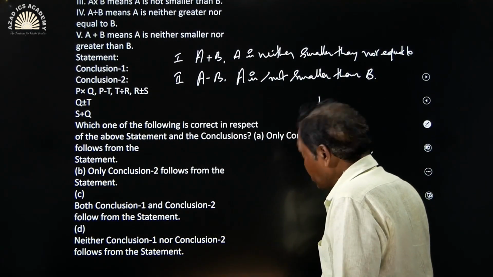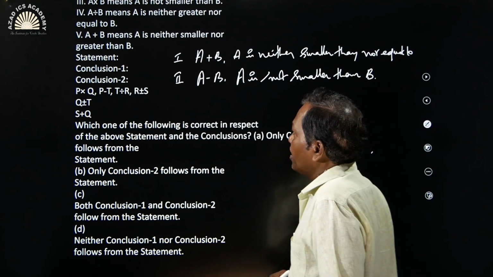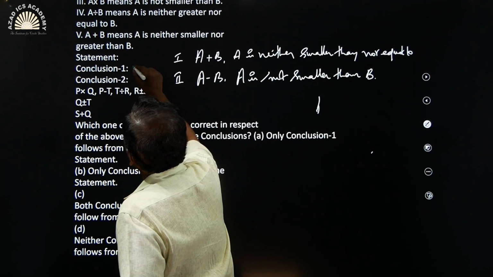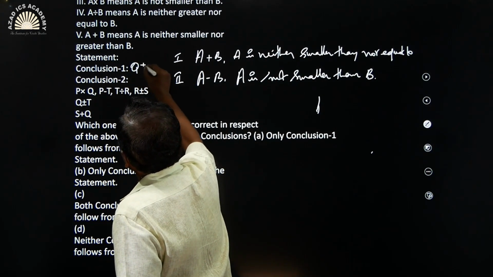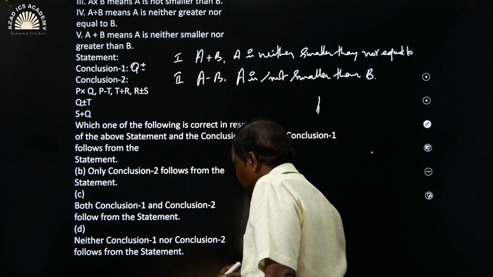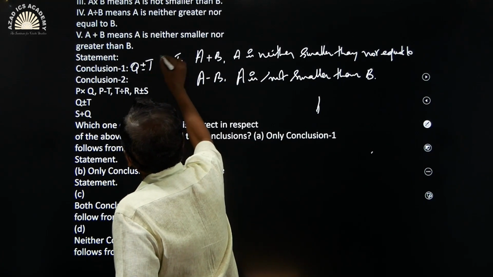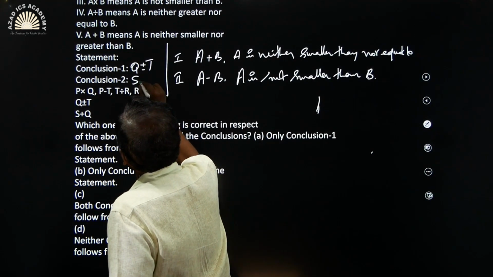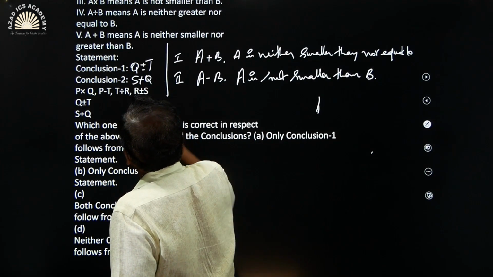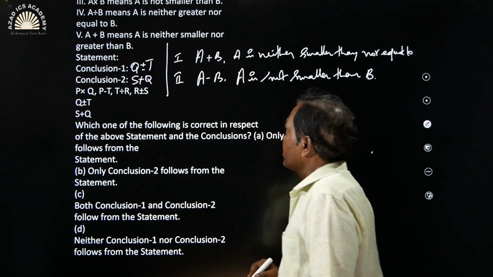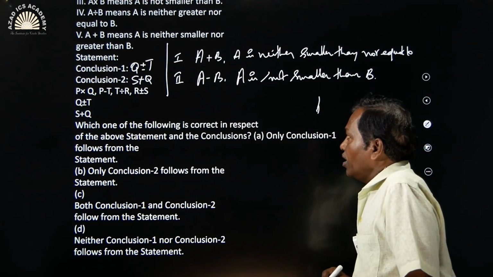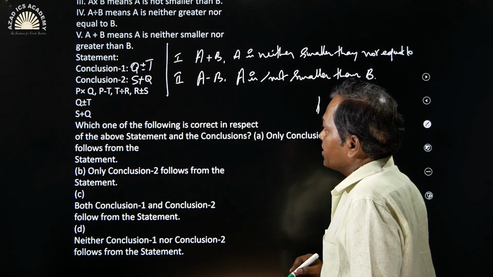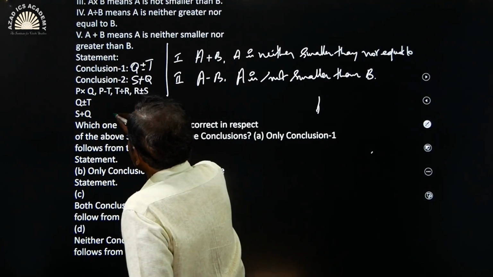Okay, right. Now what is the question here? Conclusion 1, conclusion 2. Q plus minus T. S plus Q. Anyway, we will try to solve the question now. Now, this is the question.